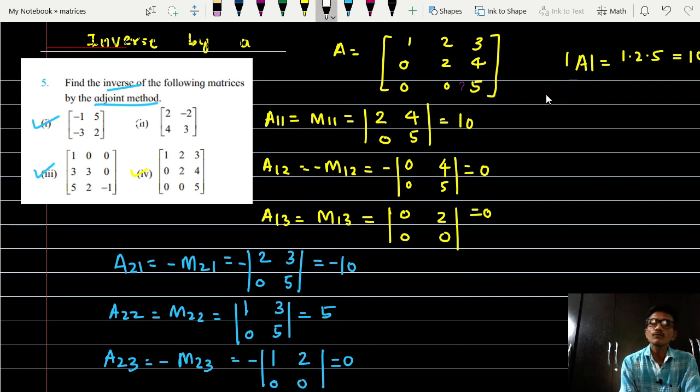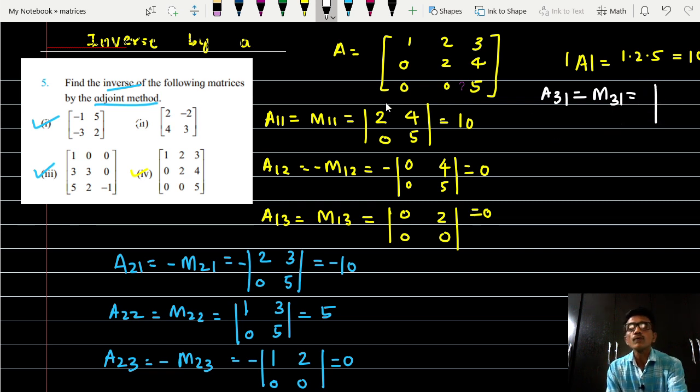cofactors of the elements in the third row, that is A31 is equal to plus M31. 3 plus 1 is an even number, that's why it is plus sign. 1 plus 2 is an odd number, that's why it is minus sign, which we did in the previous video. Third row and first column, so remaining elements are 2 2 3 4. Expansion of this will be 8 minus 6, that is equal to 2.